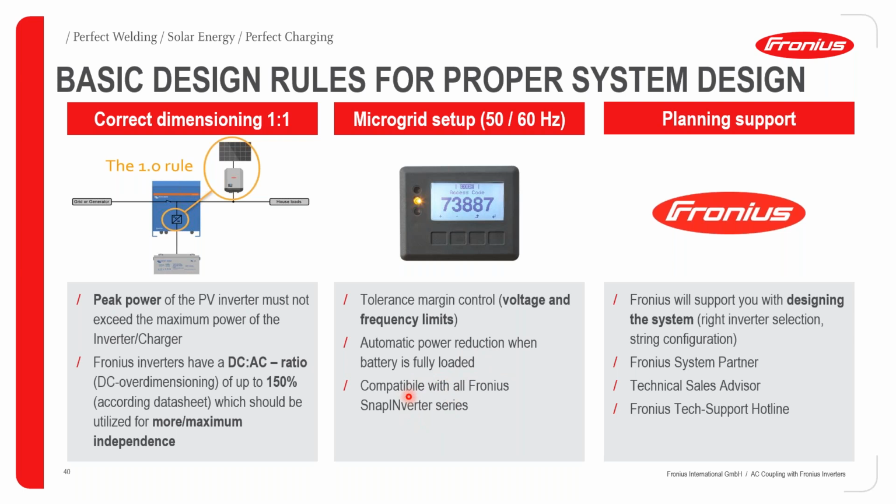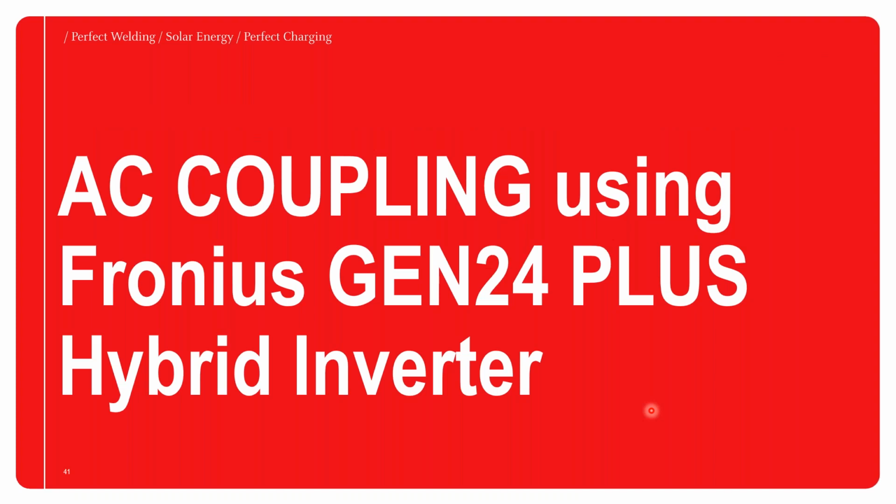And this is compatible with all the Fronius Snap Inverter series. And in terms of support, Fronius will offer support in the system design via our Fronius system partners, technical sales advisors, and via our Fronius tech support line.